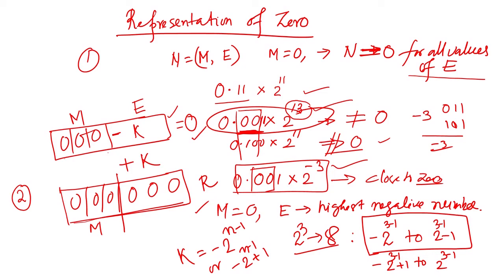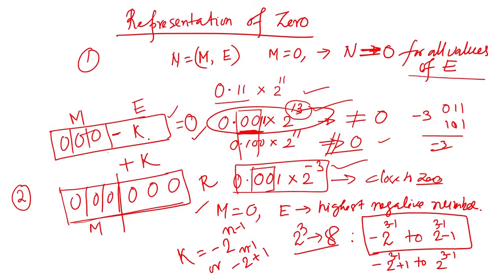So, therefore, whatever the desired exponent is, while we represent it we add k to the desired exponent, and then when we do some operation we should subtract that value. So, then subtracting this value means we will get 0. So, if the actual exponent is 3, while representing we add k.